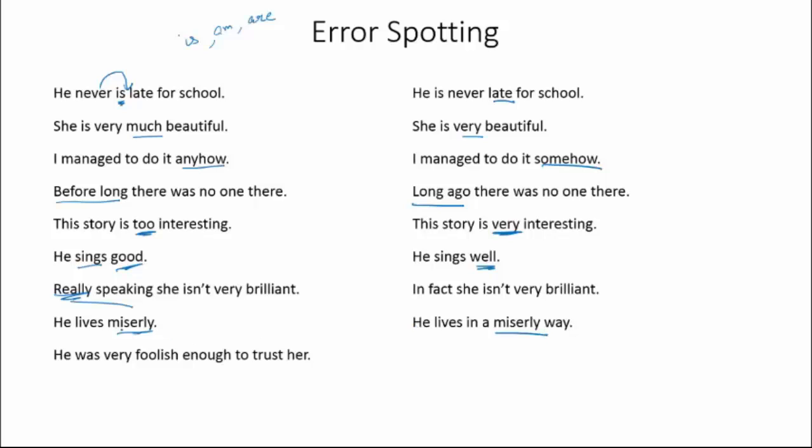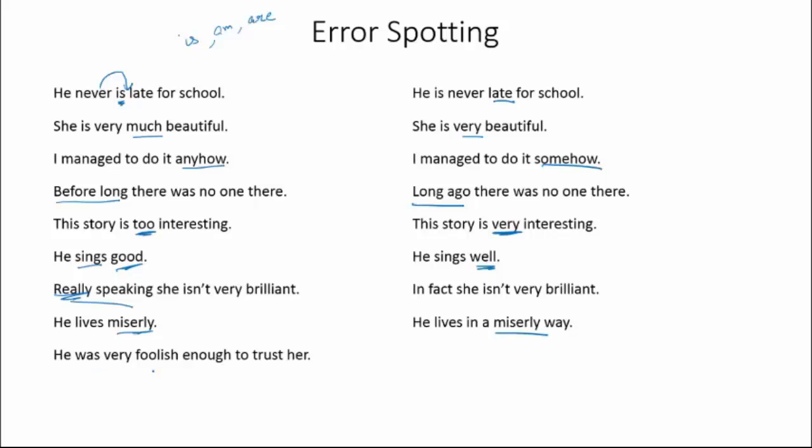Over here, it's not used correctly. We have to add it to the sentence. He lives in a miserly way. For example, the adjectives like costly, deadly, friendly, there are no adverbs to it. We can't make it an adverb. Costly can't be costlily, or cowardly can't be cowardlily. So some adjectives cannot be converted to adverbs like that.